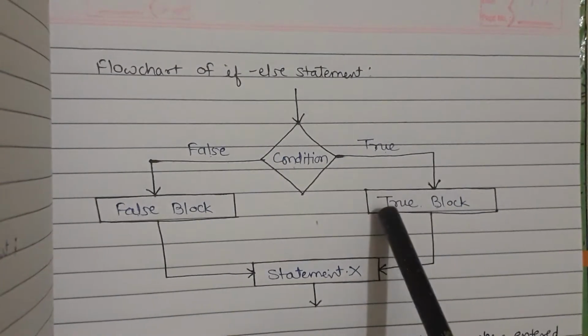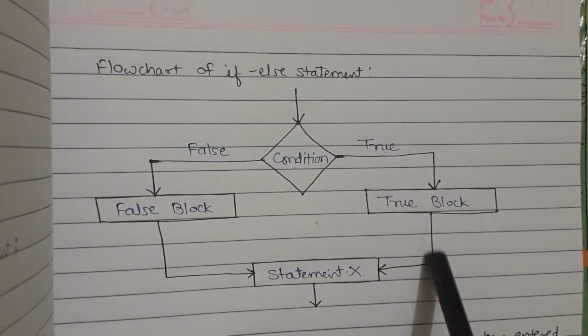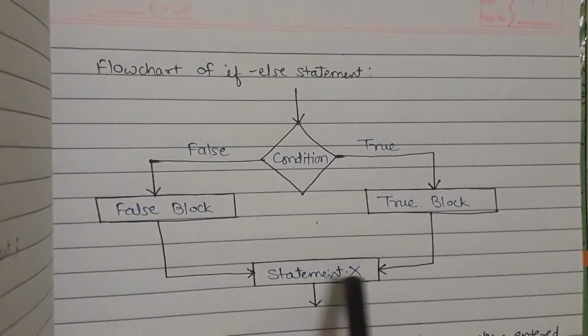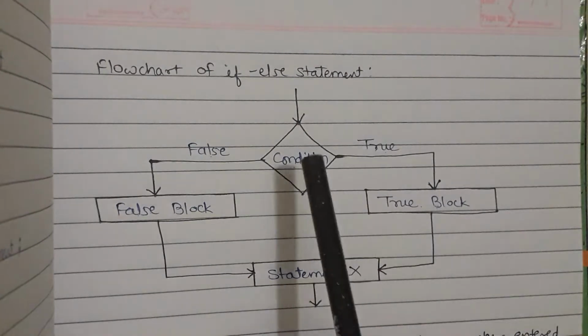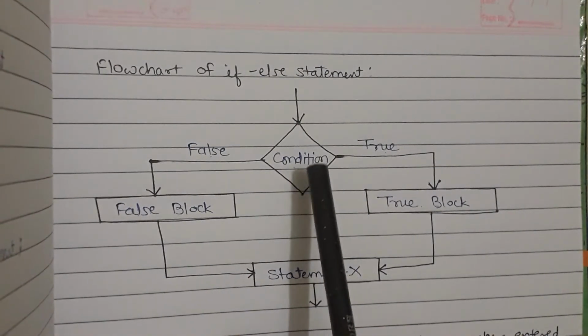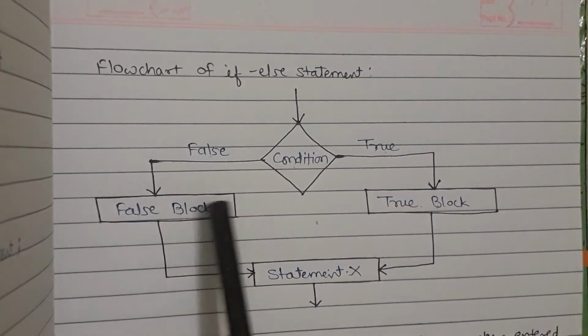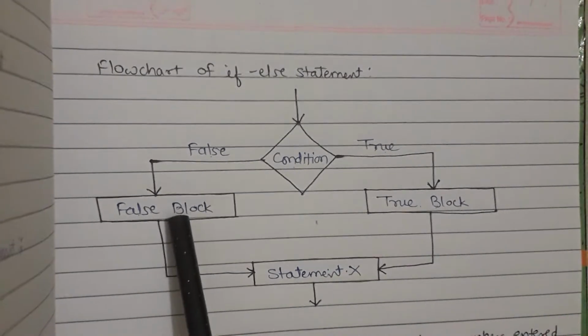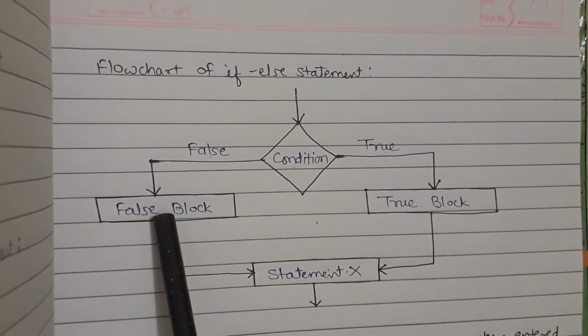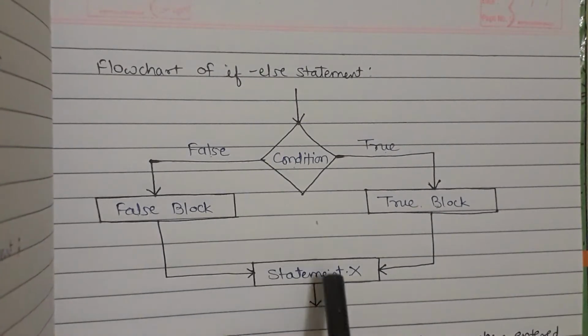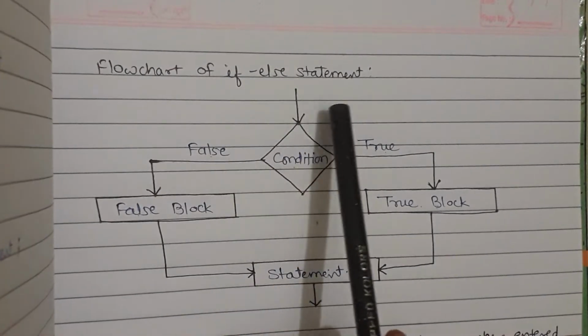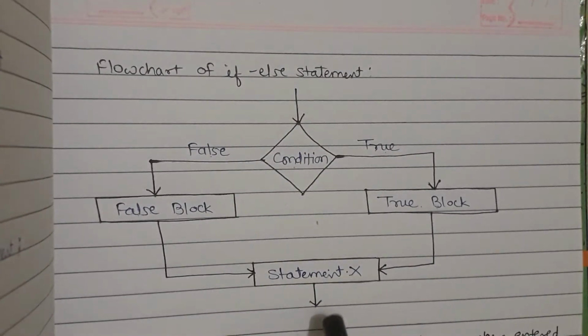After executing this true block statement, the control executes statement X. Now if the condition is false, then it will execute this false block statement. After executing this false block statement, the control comes to statement X. In this way, the flowchart of the if-else statement is given and the if-else statement works like this.